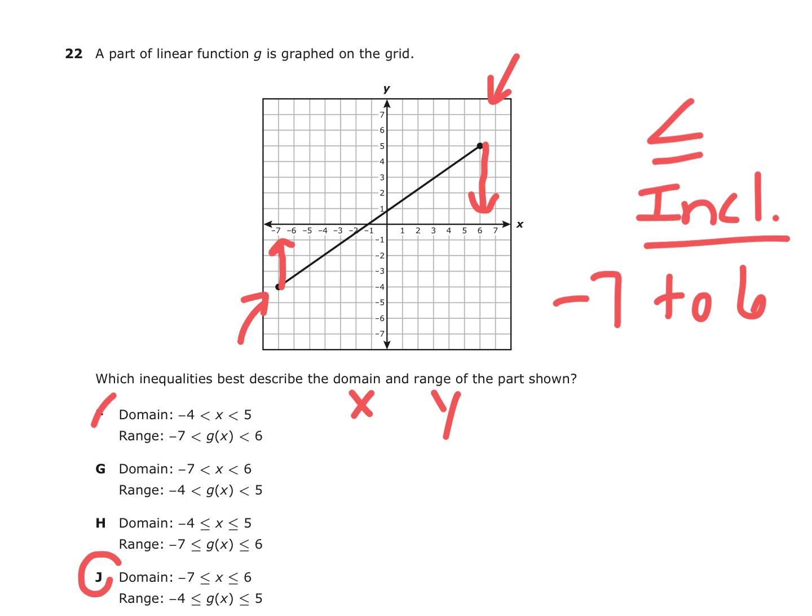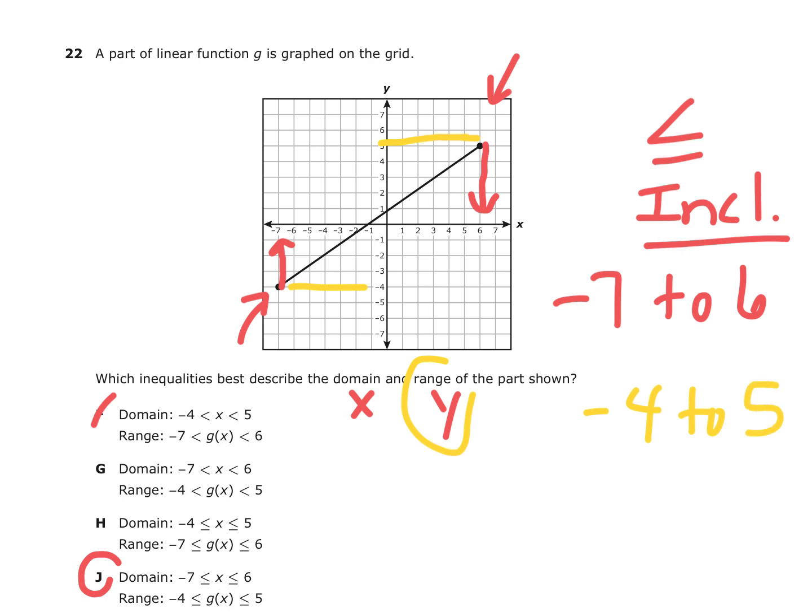Now, just to make sure, we're going to check the range. The range is the y values, okay? If you go to the y-axis and draw a line here, that's at 5, including that, and this one goes to -4. So the y values would be from -4 up to 5, including the endpoints.